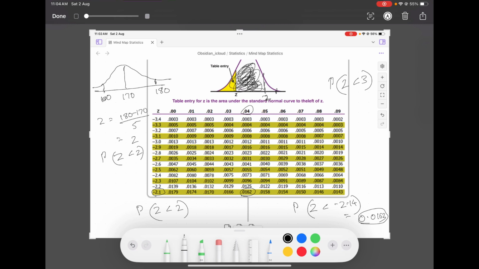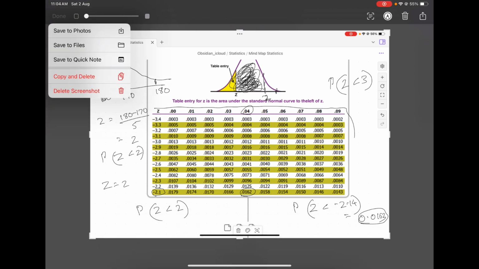You can see the probability will be very high, because almost all people have a height less than 180 centimeter. Only very few people have a height greater than 180 centimeter. For that you have another table. You can calculate the value for Z equal to 2, and then calculate the probability. So this is how you use the Z values for our calculations.